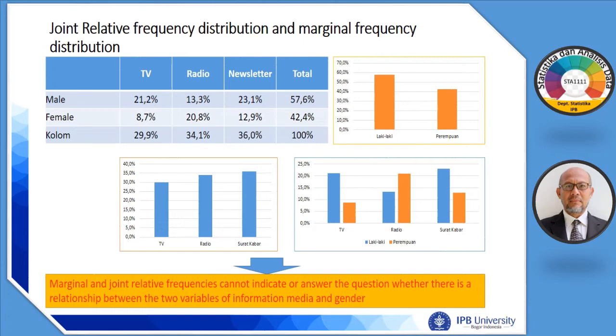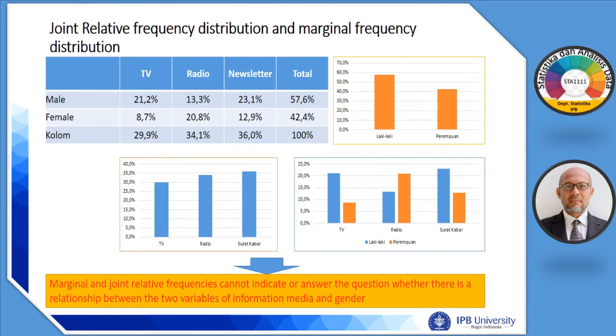For example, if you want to describe male and female on the right side, that means the number of males is more than females. And you can also describe the marginals based on the column, information media. You can look here at the graph, I mean TV, radio and newspaper. You can see the percentage of newspaper is the biggest compared with television and radio.